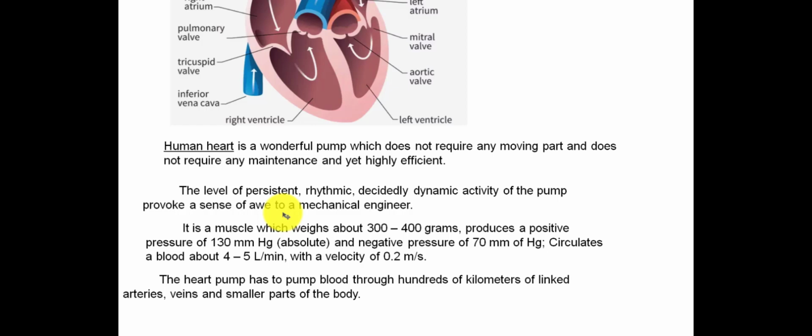Now, one of the jobs of our heart is to provide the circulation of blood inside our body. That will be continuous. When it wears out, that is the time when a person dies, with heart failure, when the circulation of our blood is lost.